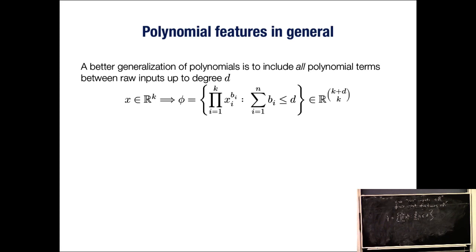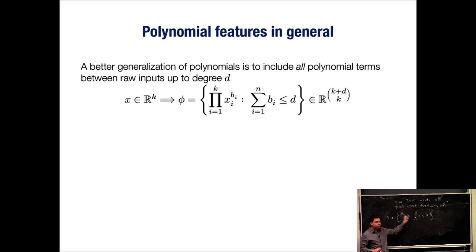Conceptually, this makes perfect sense, right? How you actually implement this is a little trickier, but we'll show that in a second too. It's not that hard. What I'm saying here is that our individual terms in the polynomial feature vector are each going to be a product of some of these xi terms, right?